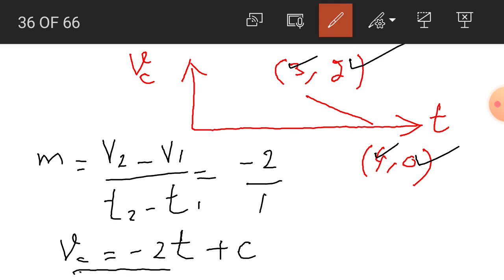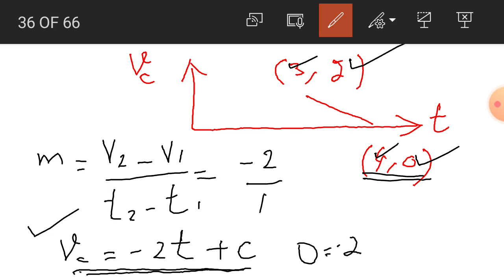This is the equation of this particular line. So all the points on the straight line will satisfy this equation. So let us put this particular point in the line where the time is 4 and the voltage is 0. So the voltage is 0 and the time is 4.